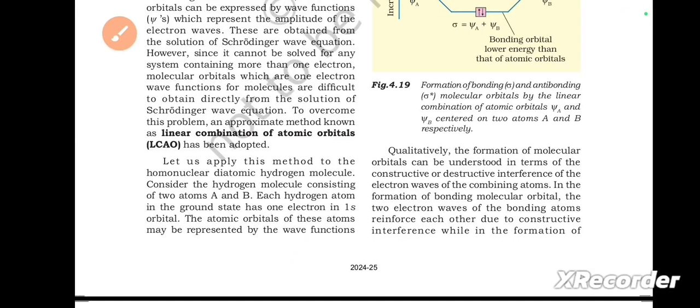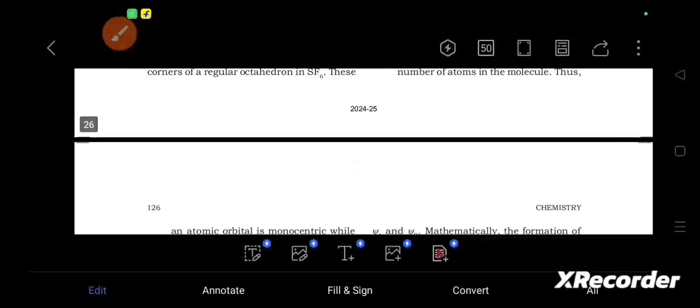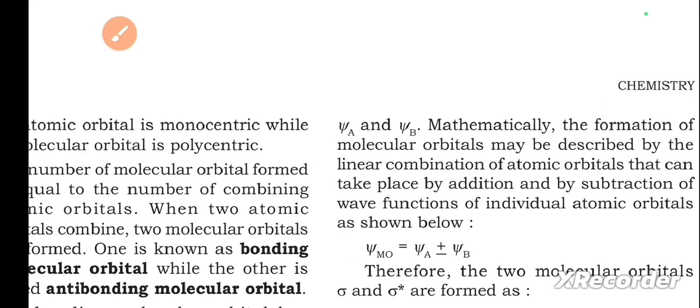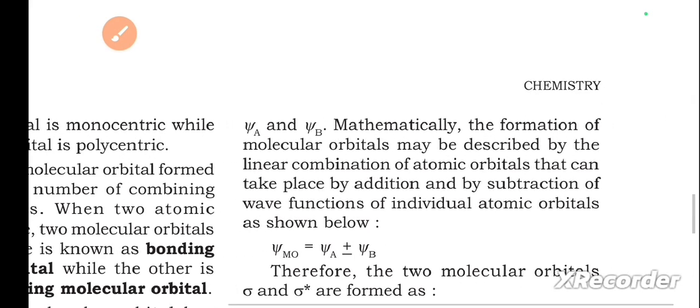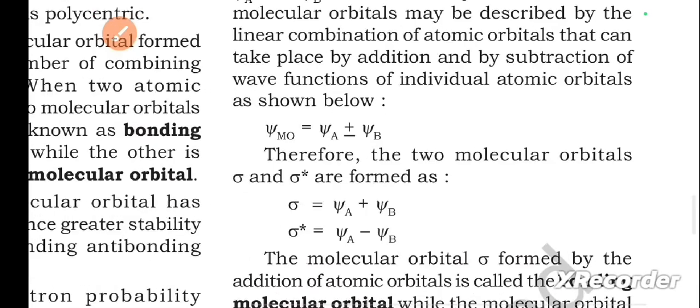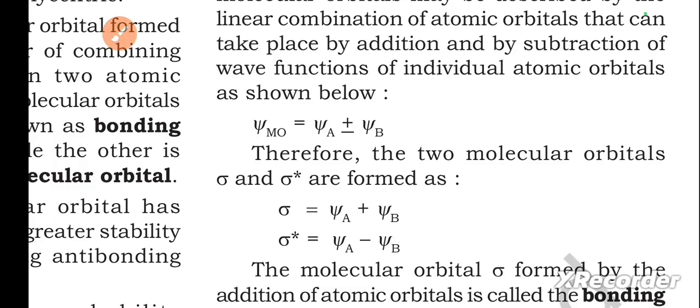The atomic orbitals of these atoms may be represented by the wave functions psi A and psi B. Mathematically, the formation of molecular orbitals may be described by the linear combination of atomic orbitals that can take place by addition and by subtraction of wave functions of individual atomic orbitals as shown below. Psi MO equals psi A plus or minus psi B.